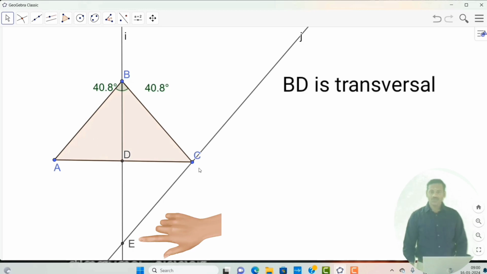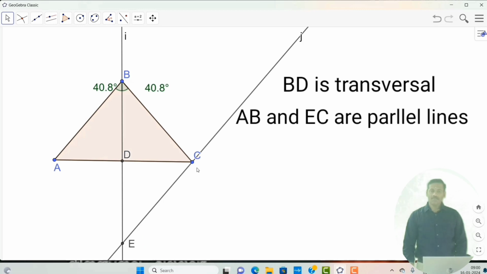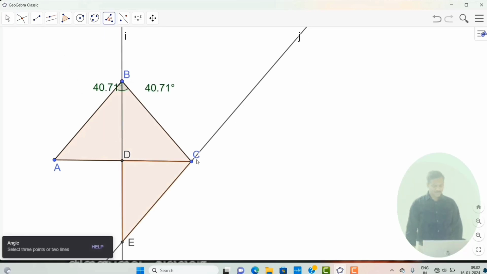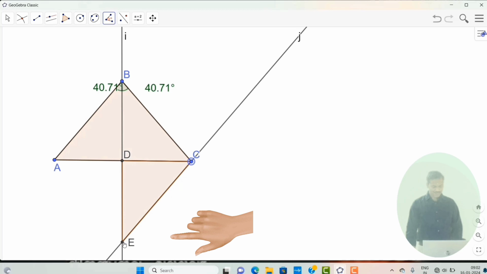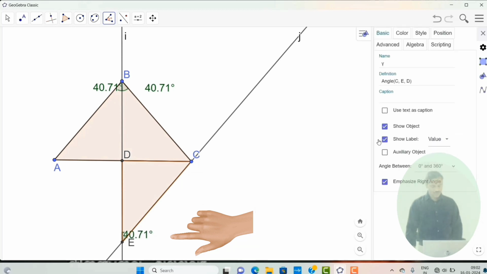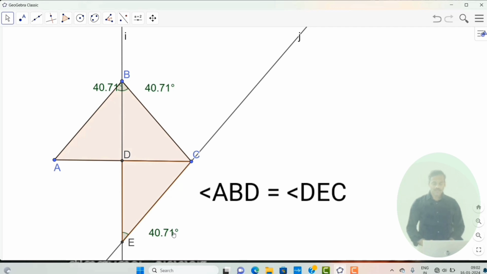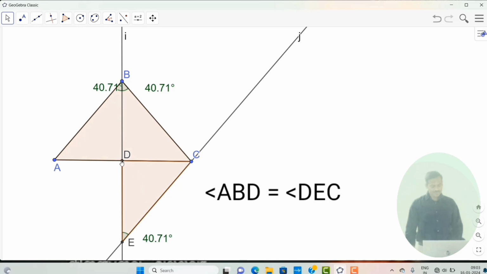This line BD is a transversal, and AB and EC are parallel lines. Now let us check the angle of CED. So it is also 40.71 degrees. Okay. So the angle of ABD and the angle of DEC are equal.